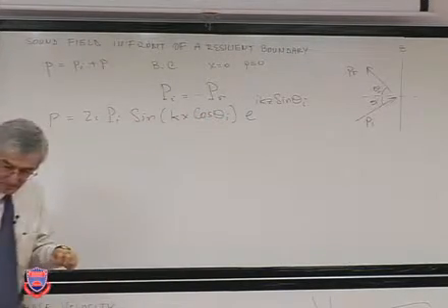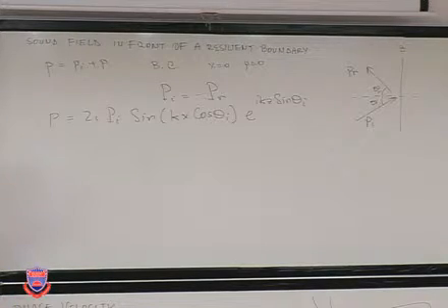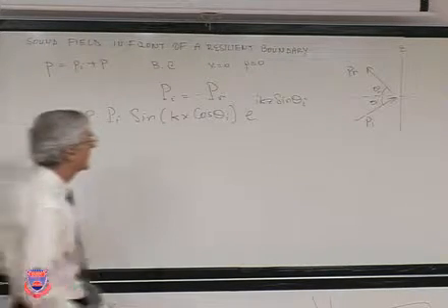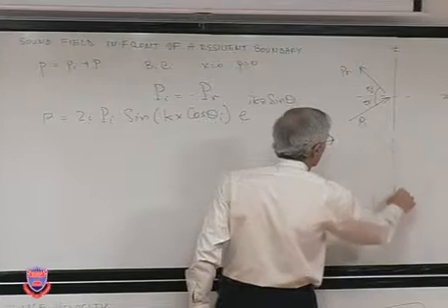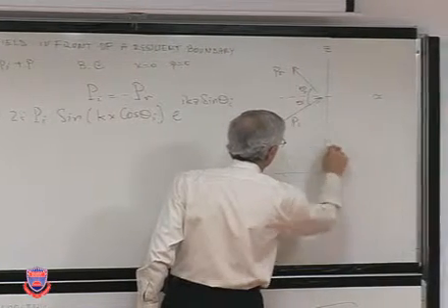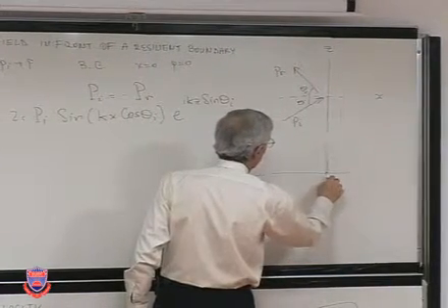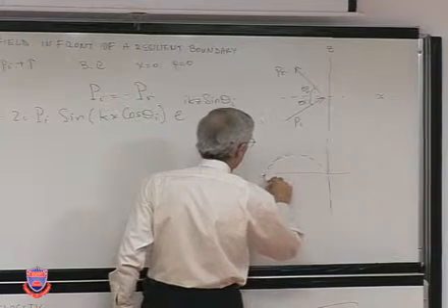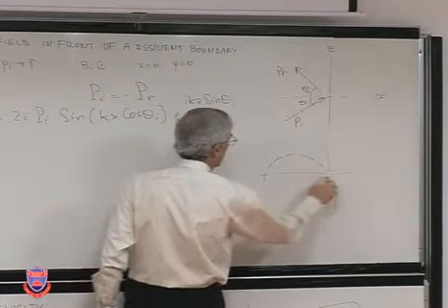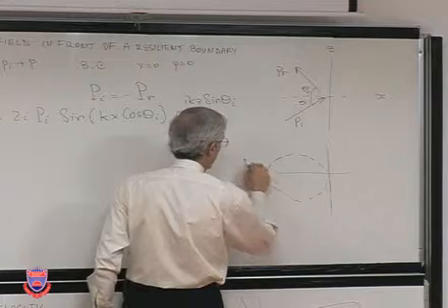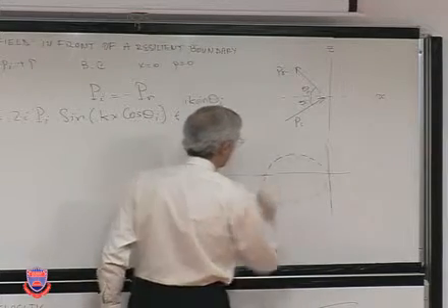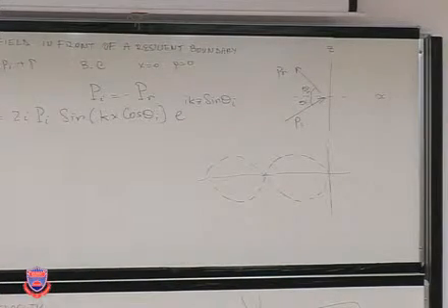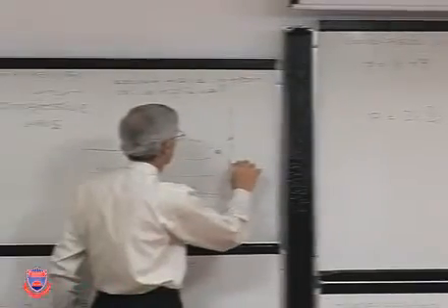Once again, we have a standing wave, but in this case, the standing wave has pressure on the wall that's 0, whereas in this case, the pressure was a maximum.